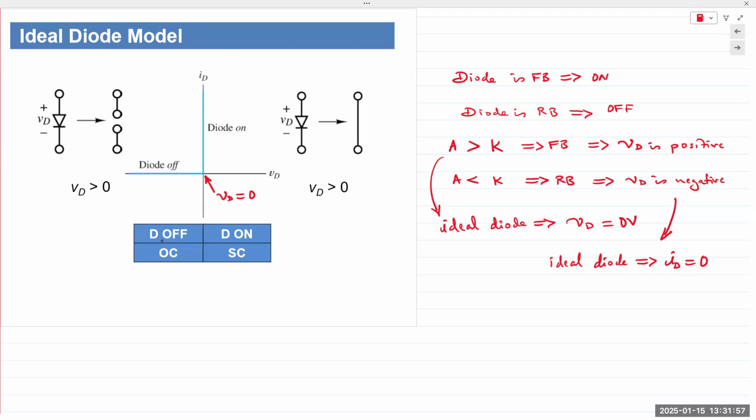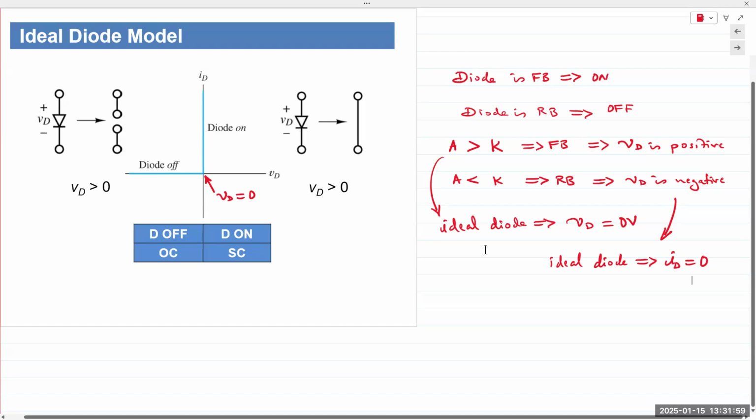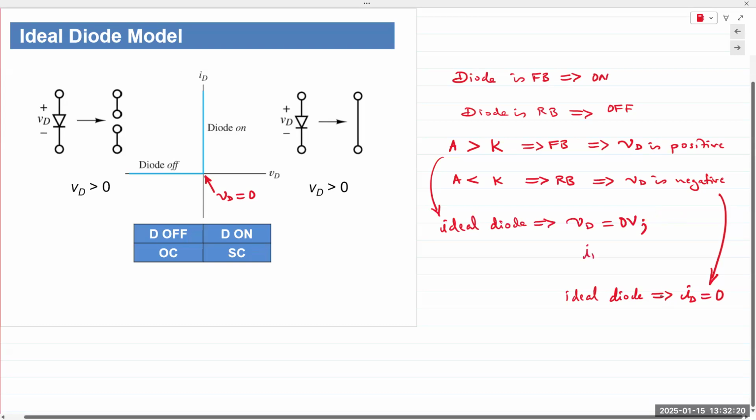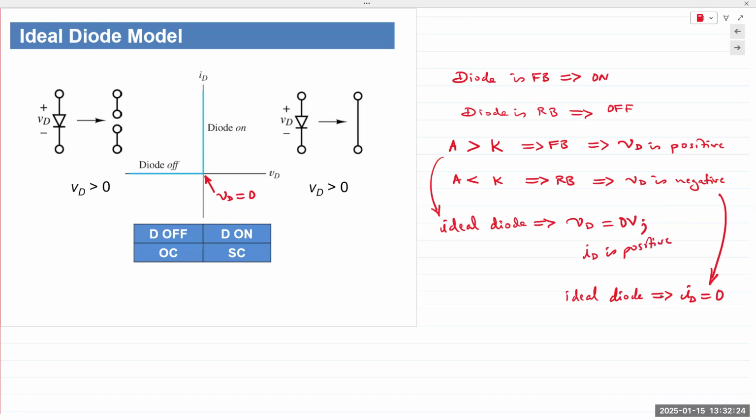Here, let's move this down a little bit. ID is positive because current is flowing through in a forward-biased diode.